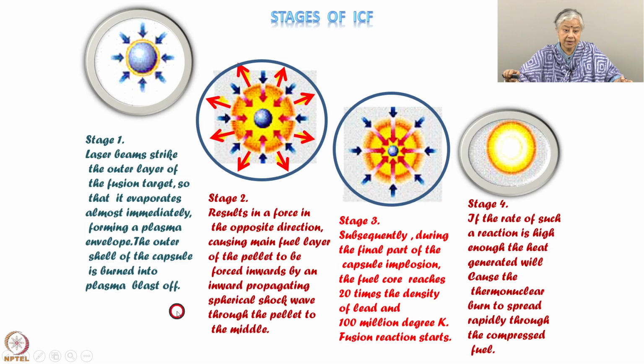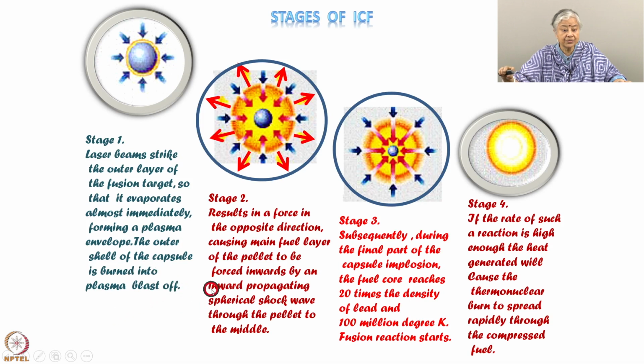So, in stage 1, the laser beam strikes the outer layer of the fusion target, so that it evaporates almost immediately, forming a plasma. So, it is made out of this high Z material. Okay. And the energy is so high, the heat is so much that it evaporates into a plasma. Okay. And high Z material becomes plasma very easily. So, that is why the high Z material is coated over the sphere.